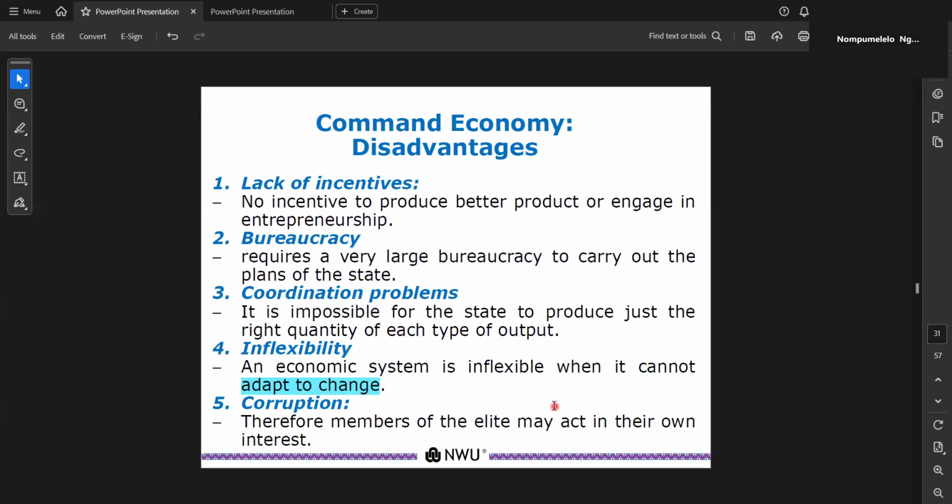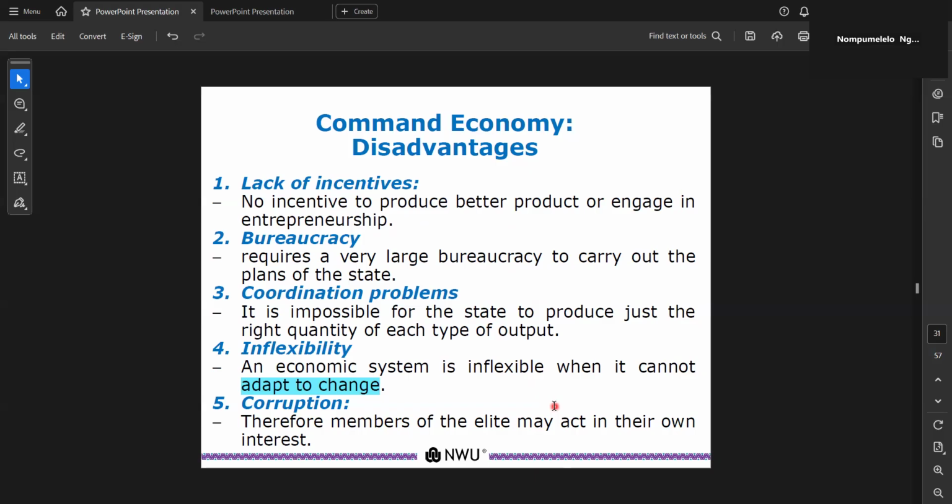Remember, guys, I did say the command system is the opposite of the free market or pure market economy, because on that side they say that there are incentives because there's competition. People are being competitive, so if you produce better goods then you receive more incentives. While here they're saying that there's a lack of incentives. No incentive to produce better products or engage in entrepreneurship.